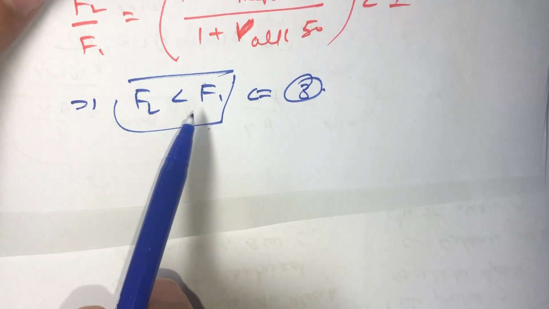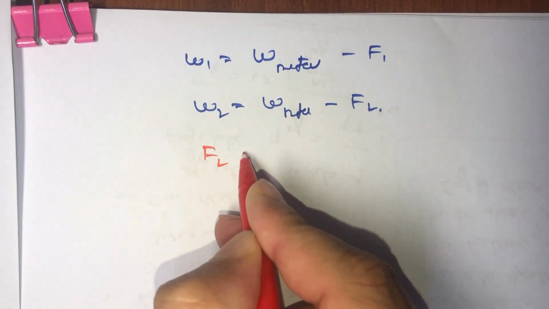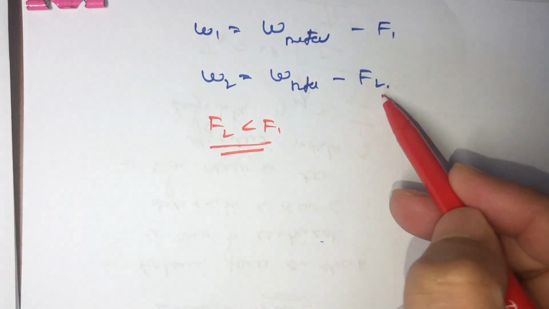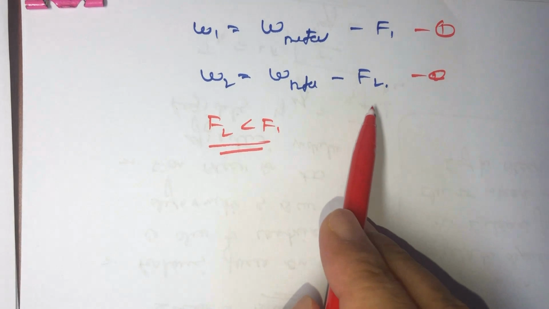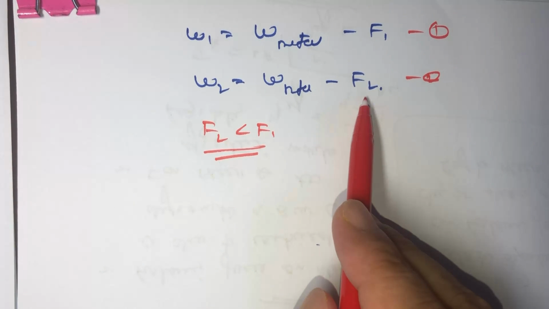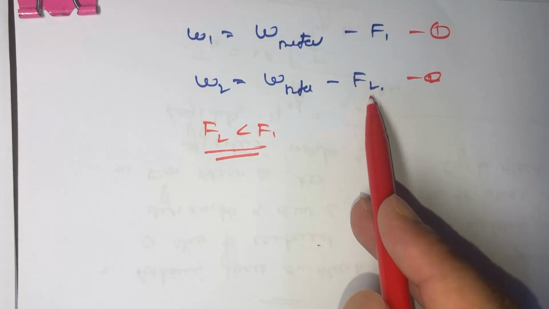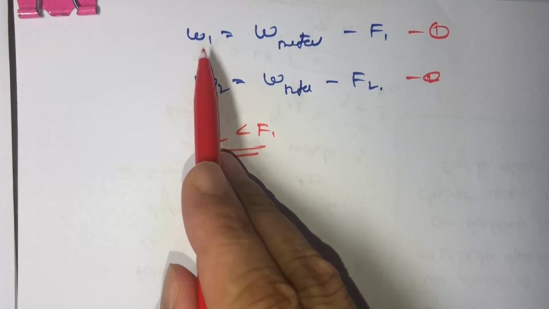So if F2 is less than F1, it means the negative part in 2 is less. Therefore, automatically, if the negative part in 2 is less, W2 will be more as compared to W1.